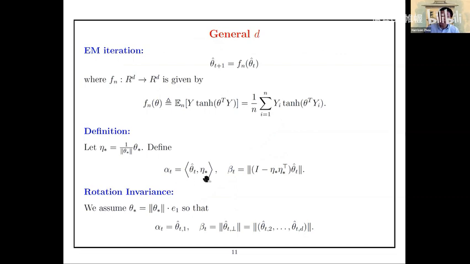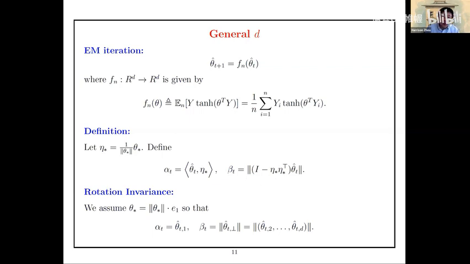One is the signal component, and the other one is orthogonal to the signal. The orthogonal part is quite easy to analyze, and you could show that it would decrease to 0. But it's not equal to 0. Because it's not equal to 0, it may interfere with the analysis of the signal component. That makes the problem hard.